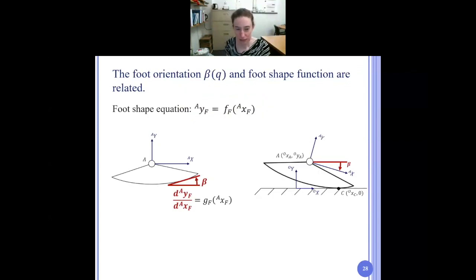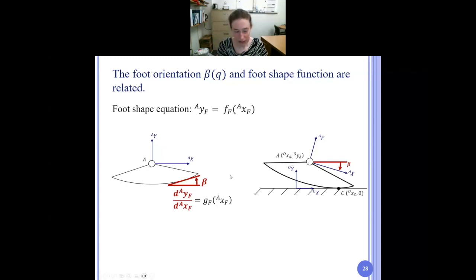So in order to go about finding the equations of motion for this non-uniform foot, the first thing we did was attach a foot-fixed coordinate frame to the ankle. We then defined the foot shape using this function here. So what we said is that the vertical distance of the foot, y, is some function of the horizontal distance of the foot, x.